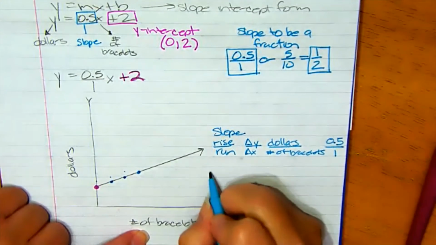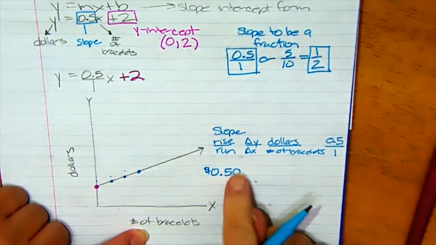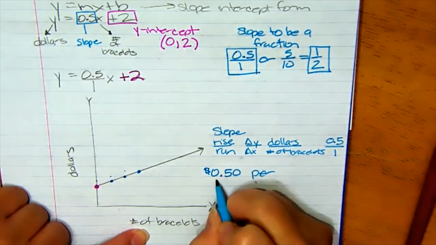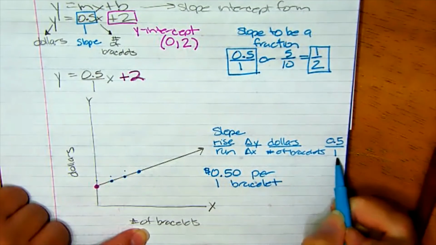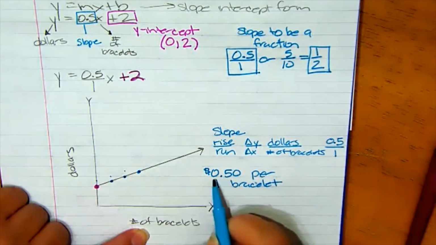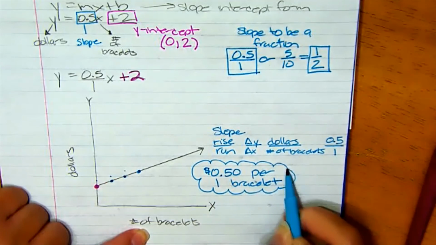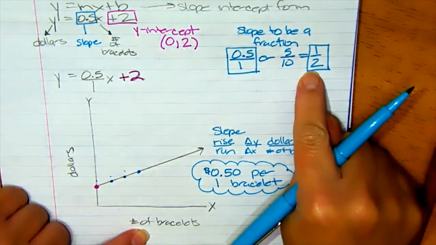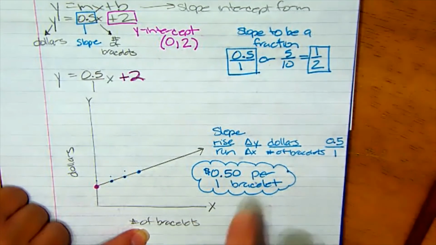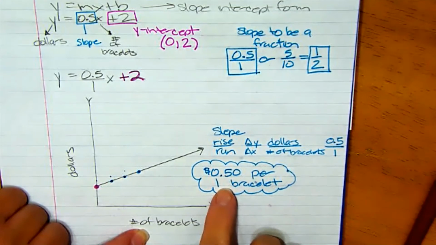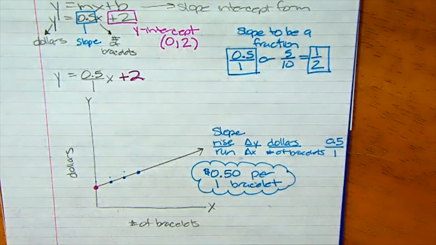It costs $0.50 per one bracelet. 50 cents per one bracelet. Now, if you had chosen to use 1/2, it would be $1 per 2 bracelets. It's the same thing. So our slope has been interpreted.